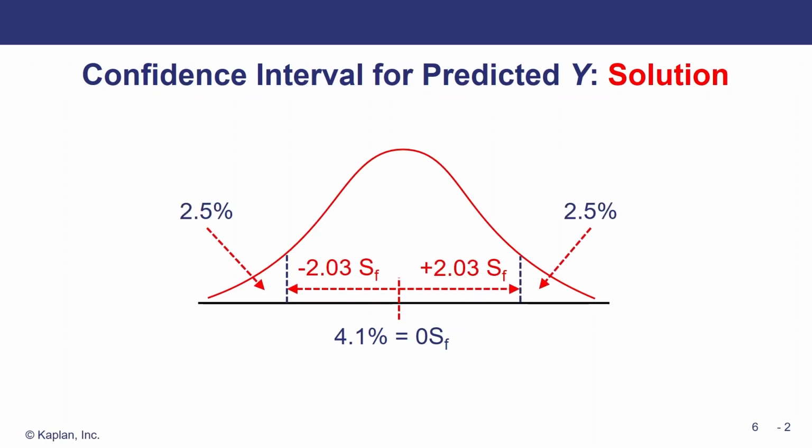We're going 2.03 standard errors of the forecast in either direction to capture 95% of observations. And that means the lower tail starts at minus 3.4 and the upper tail starts at 11.6. So we are 95% certain that the true population value for the dependent variable would lie between minus 3.4 and positive 11.6.